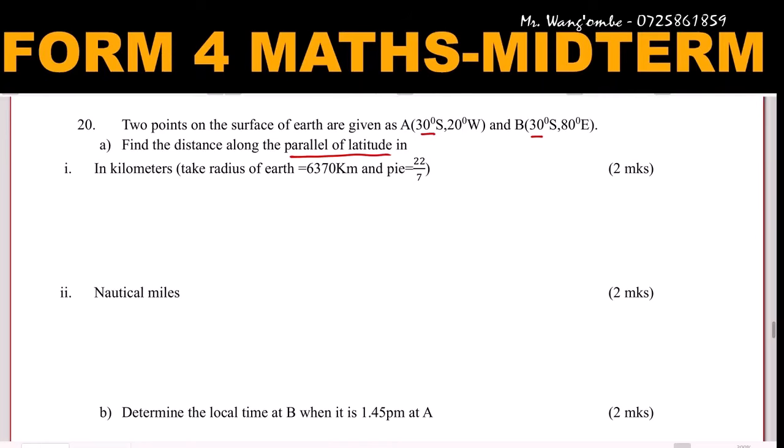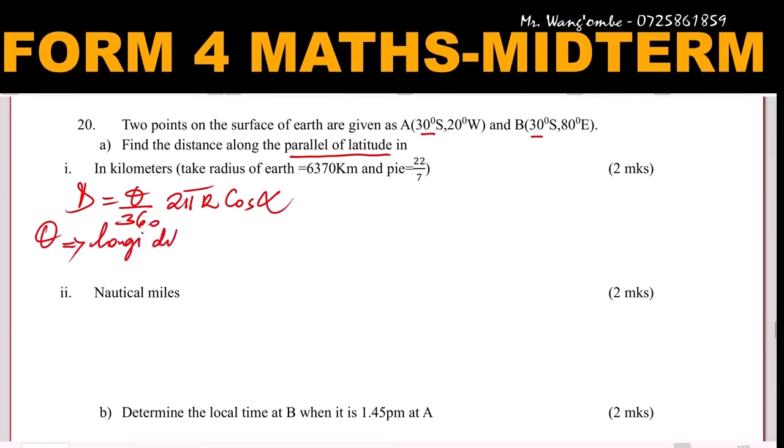Now, how do you get distance in kilometers along a parallel of latitude? This is how we get the distance. Distance is given by theta over 360 multiplied by 2 pi r cosine of alpha, where theta is the longitude difference between the two places, and alpha is the latitude angle where the two places lie.